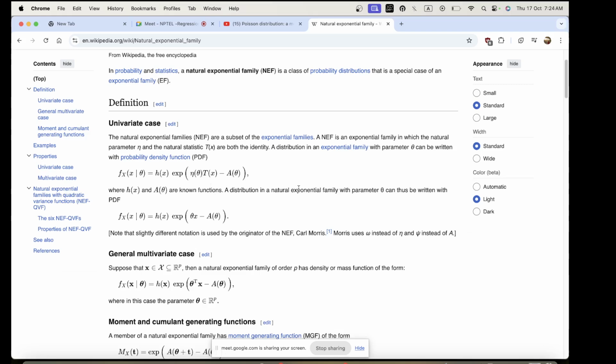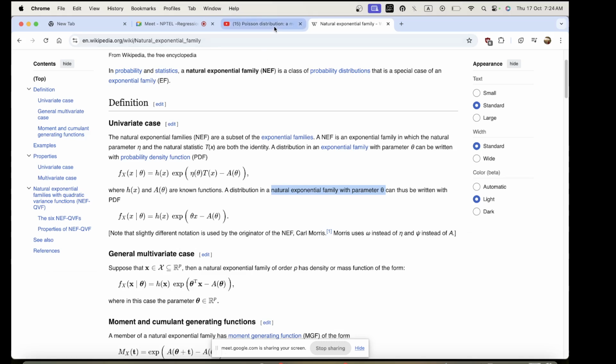And if we have a natural parameter theta, that is, if we have a canonical form, then we are using h(x) equal to exp(theta x minus A(theta)). So eta(theta) is replaced by theta and T(x) is replaced by x. Do you understand? As I was saying, this is only valid to check whether it belongs to the canonical form or not.